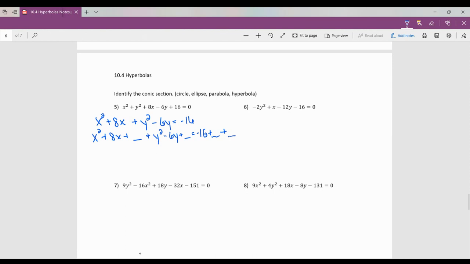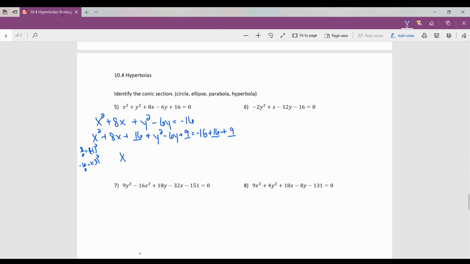All right, so I take that middle number, I divide it by 2, 4, and then I square it. So I add 16 to this side, I add 16 to that side. Then I take this middle number, negative 6, I divide it by 2, negative 3, I square it, I get 9, I add 9 to this side, I add 9 to that side.